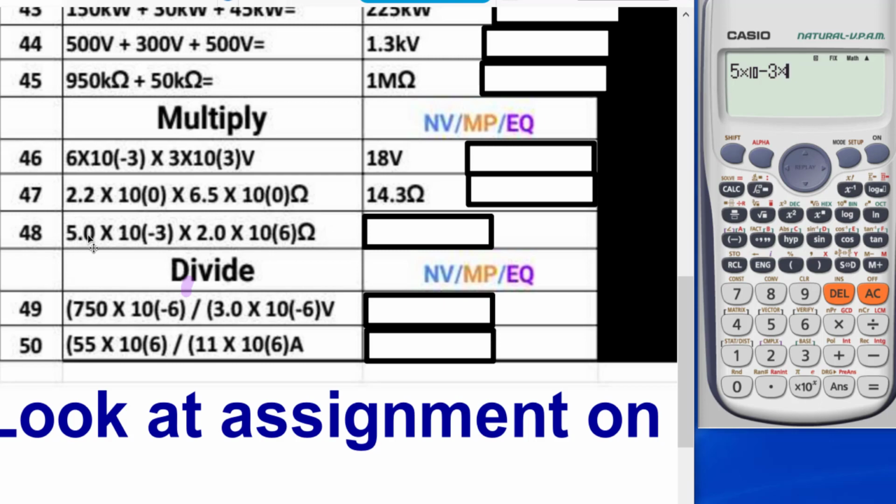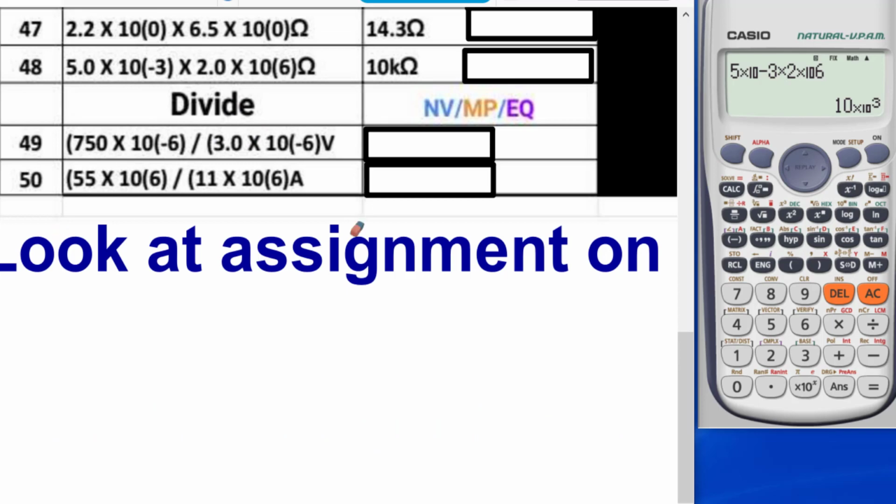So number 48, I have 5 times 10 to the negative third times 2 times 10 to the sixth. I hit equals. I hit engineering, and it tells me that it's 10k ohms.